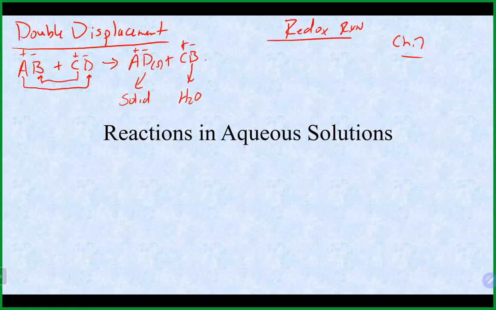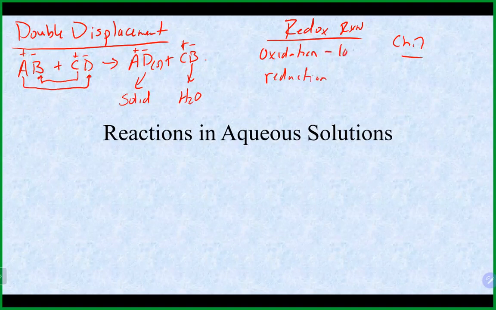Pretty much all the other reactions fall under the big umbrella of a redox reaction. As we talked about a little bit last time, redox reactions are basically oxidation and reduction reactions. Oxidation means that you lost electrons. Reduction means that you gain electrons. And redox reactions are really pretty much your synthesis combination, your decomposition, your single replacement, and combustion type reactions.